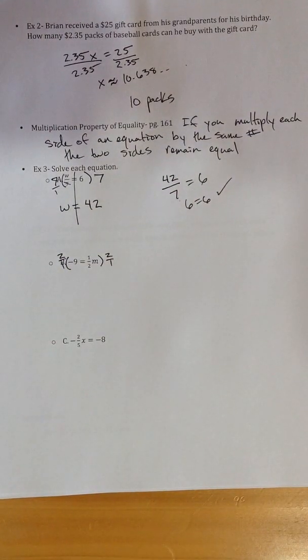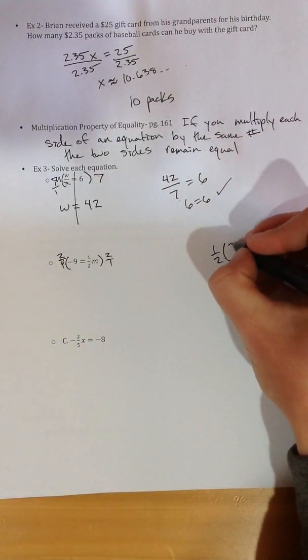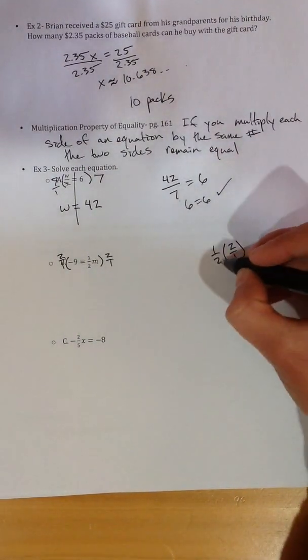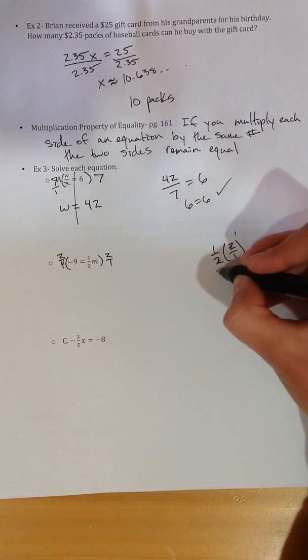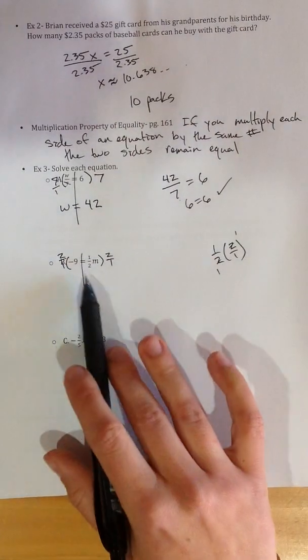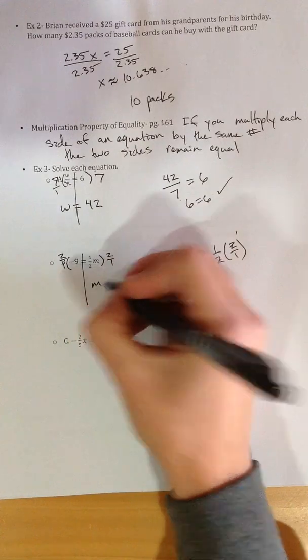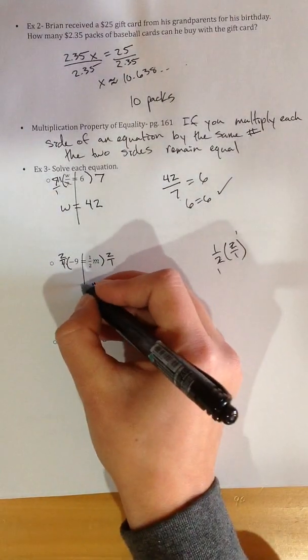Because then what happens when we multiply by the reciprocal, if we've got 1/2 times 2/1, the 2's are diagonal, so they can reduce down to 1 and 1, and then you've got 1 and 1 there. So really, when you multiply 1/2 times 2/1, it just comes out to be 1, or just m.